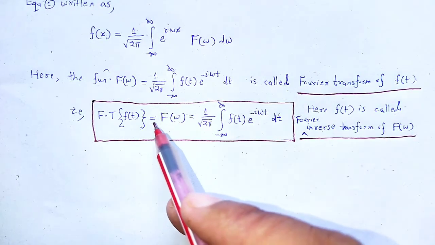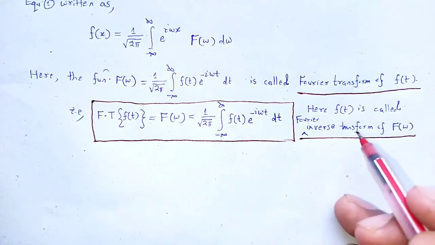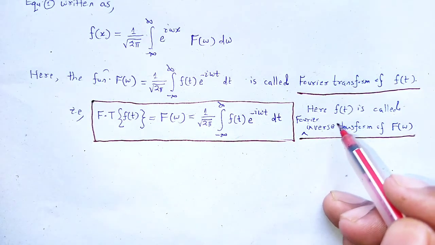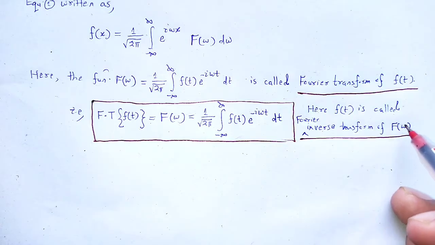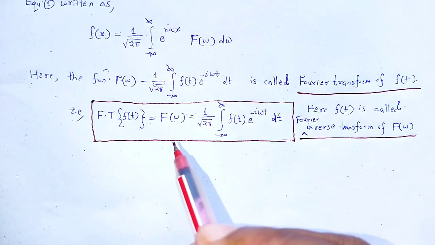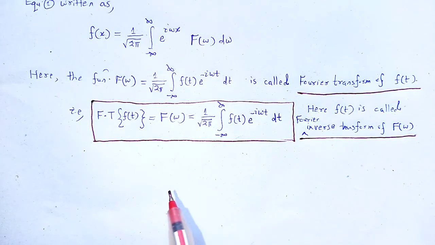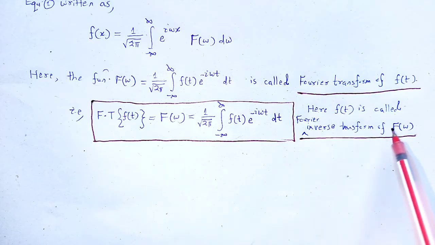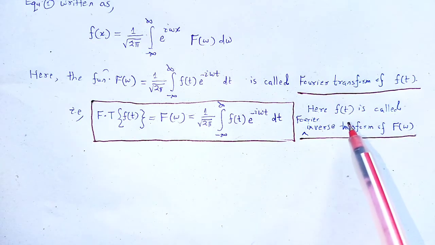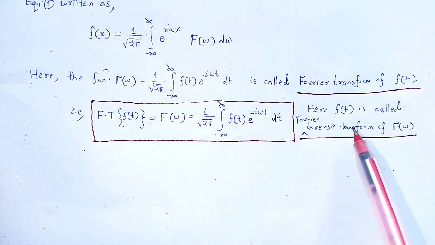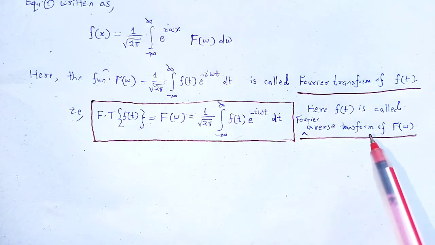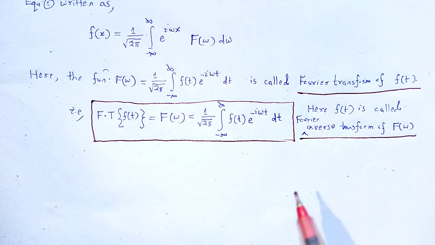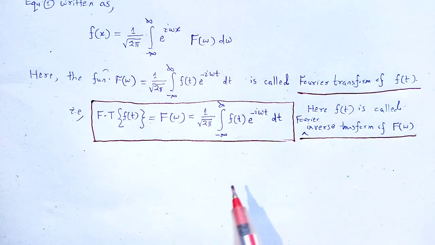That is, F of omega is the Fourier transform of f of t, and f of t is called the Fourier inverse transform of F of omega. The Fourier transform F of omega and inverse Fourier transform are known as the Fourier transform pairs.